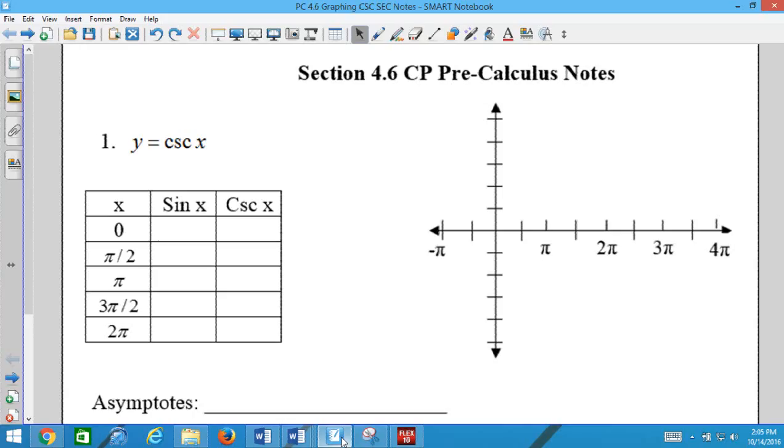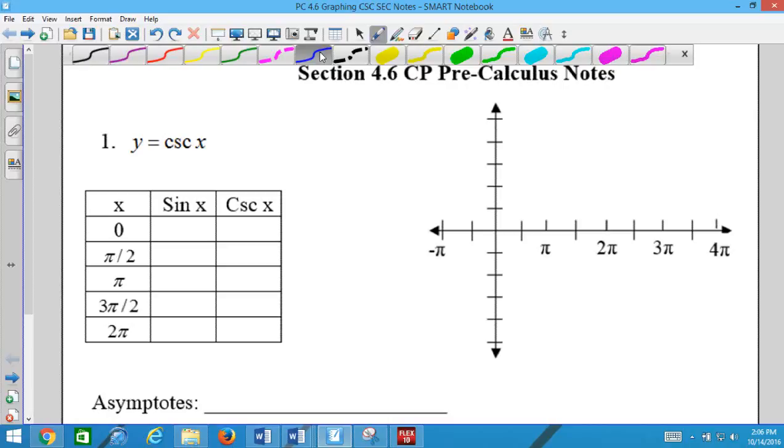Okay, today we are going to graph cosecant and secant. We know that cosecant is the reciprocal of sine. So let's go ahead and fill in our sine key points. Sine always starts at 0.